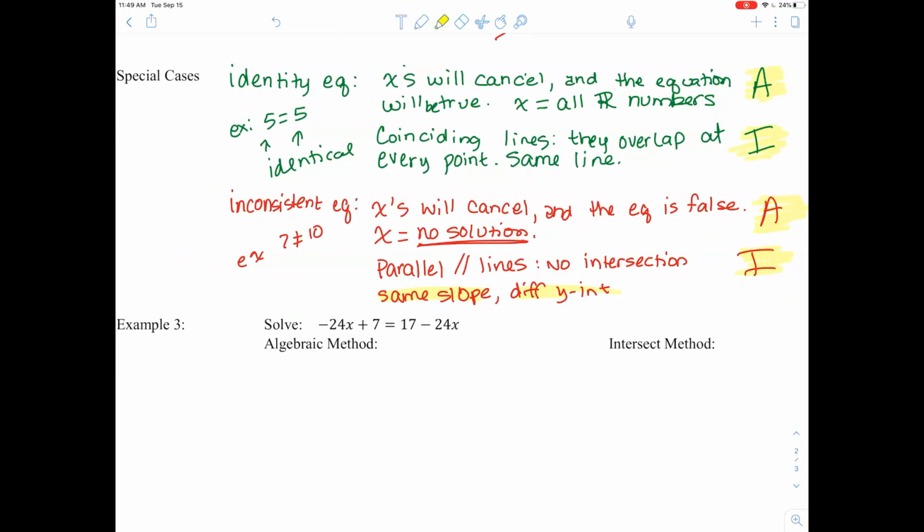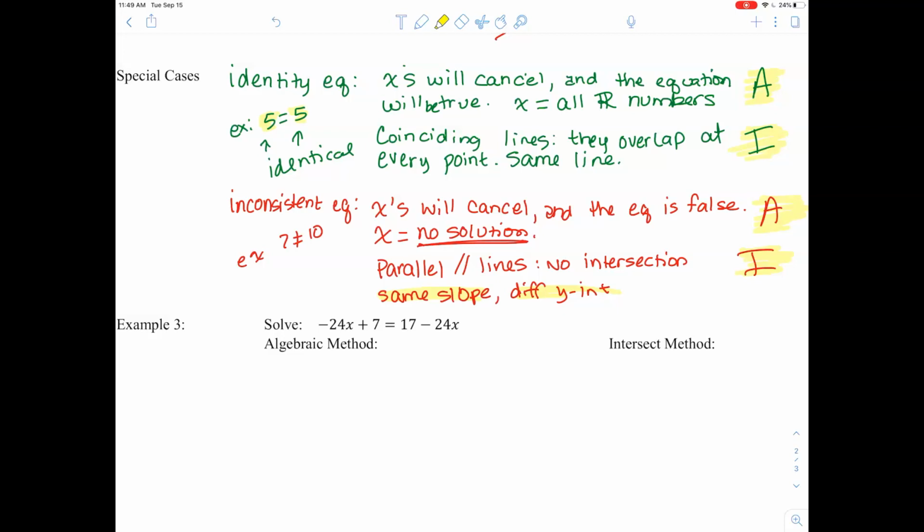The identity equation. Algebraically, the definition of the identity equation is that when you go to solve it, the x's cancel and the leftover equation will be true. For example, the x's cancel and you get 5 equals 5, and the left is identical to the right.